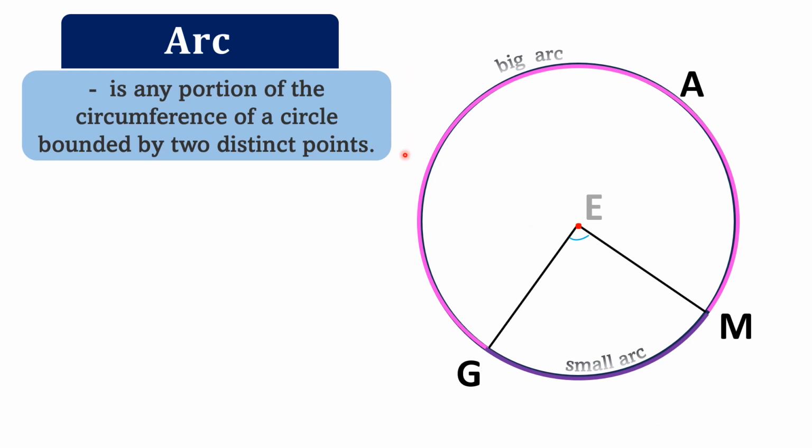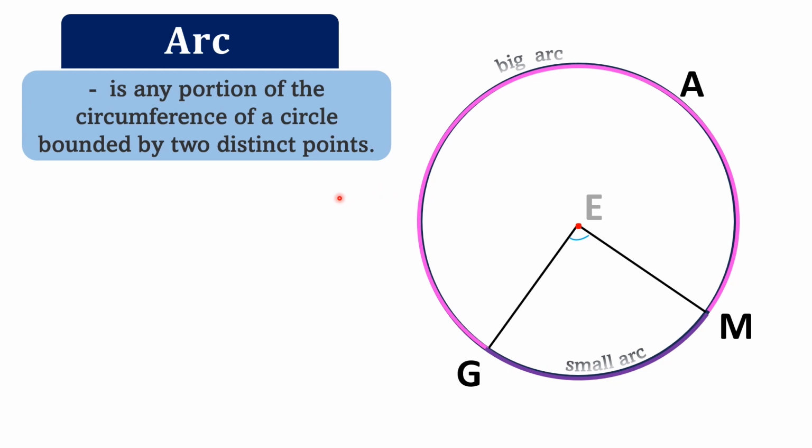There are three types of arc depending on the degree measure. By the way, the unit of measure that we are going to use in the measure of the arc or the angles of a circle is degree.